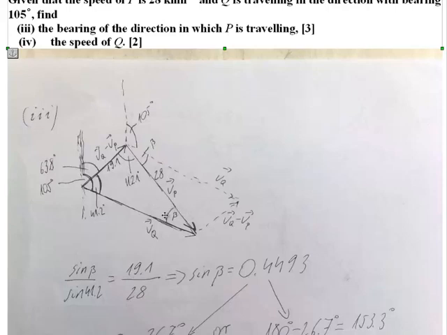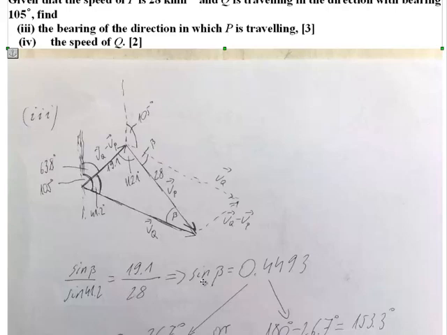We calculate this beta, sine of beta over sine of 41.2 is equal to the opposite side. So opposite is here, and this is the opposite.